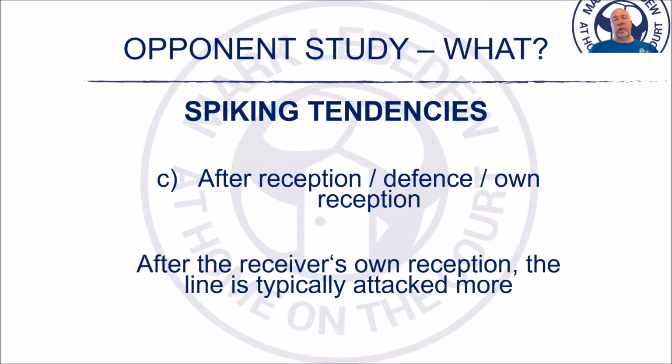And it's also a little bit more common to spike line after defense, for example, from a ball that's off the net, but nothing is 100%, and that's why we're not using these basic tendencies for our match plan, but rather using the statistics and video observations that we're talking about here.